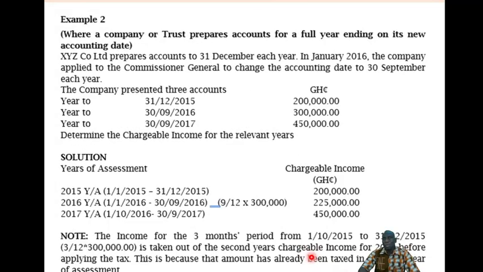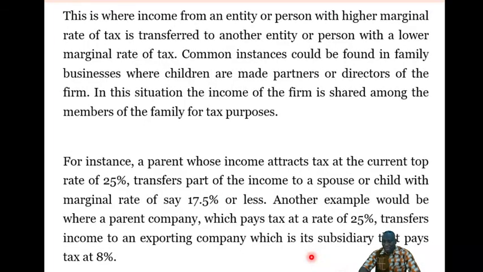Now the next tax avoidance practice and the anti-avoidance provision in the law is income splitting. Now you could see that I've jumped over section 31, which talks about the arm's length standard and arrangement between associates.